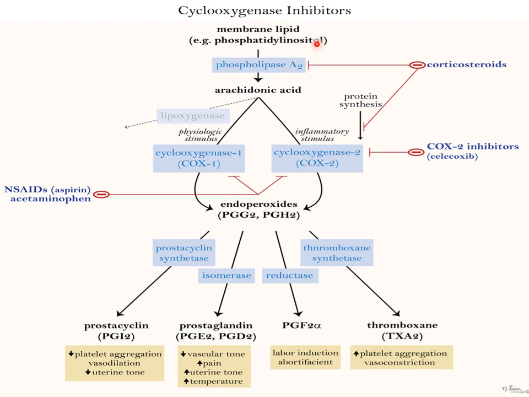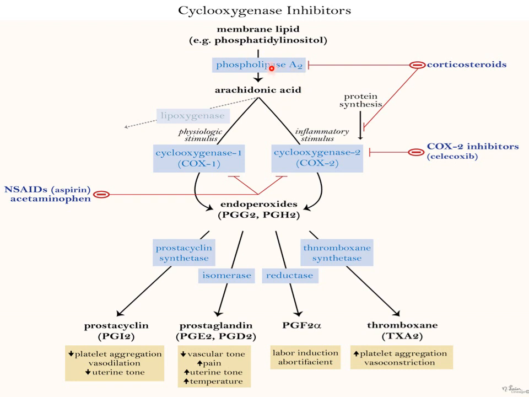The membrane lipid, phosphatidyl inositol, is located in the cell membrane, and when it ruptures, phospholipase A2 is activated. The lipase is involved in the breakdown of this lipid, which is finally converted into arachidonic acid, a 20-carbon acid.